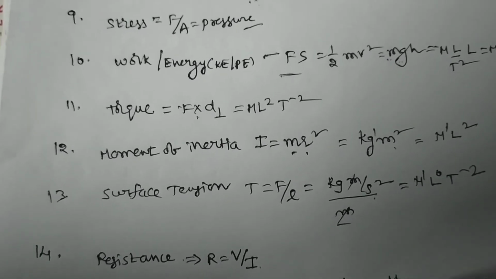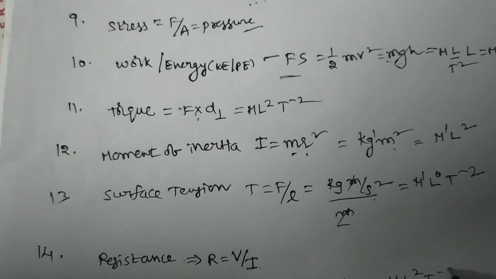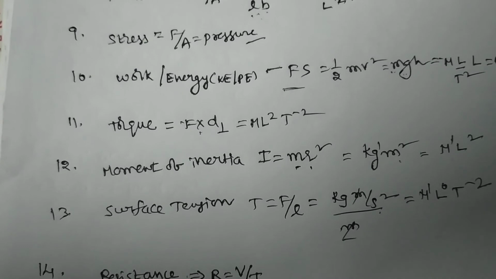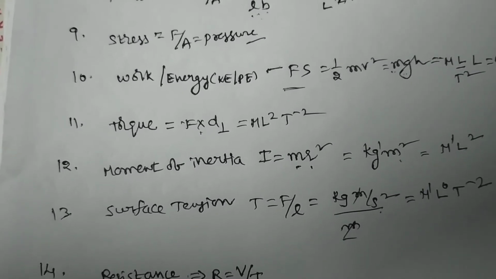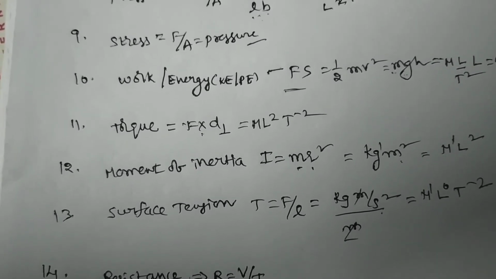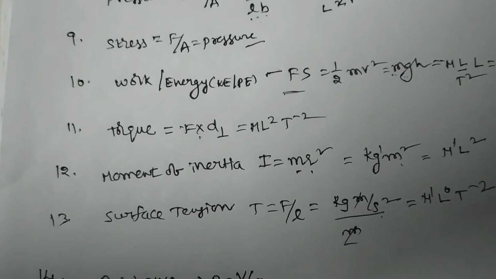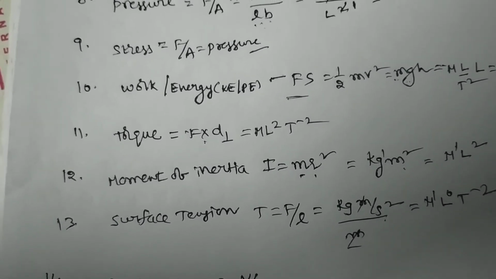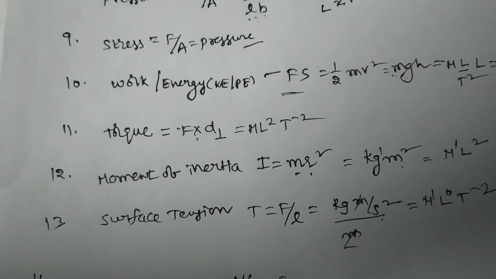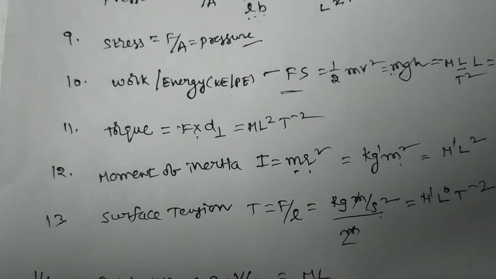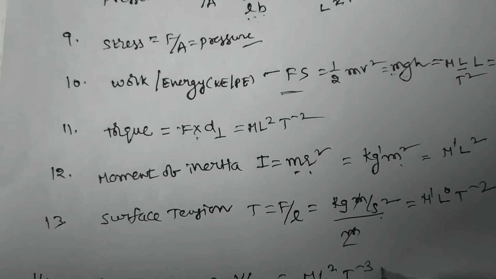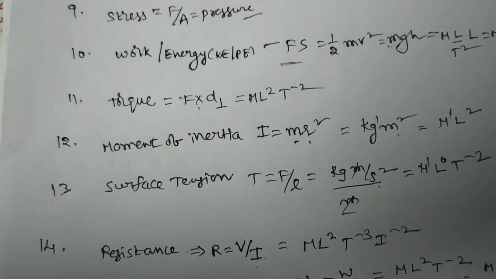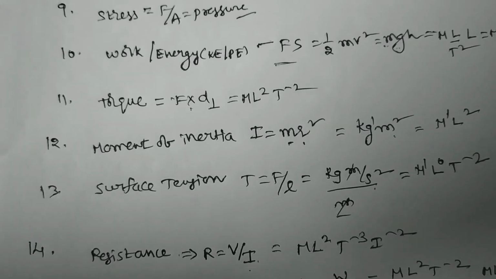So W is nothing but M L square T minus 2, divided by IT. We get M L square T minus 3 I minus 1. That is V, where I is amperes. So you will get the resistance as M L square T minus 3 I minus 2.